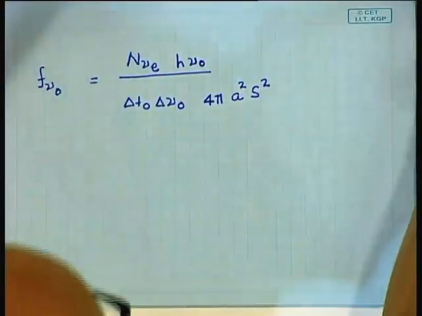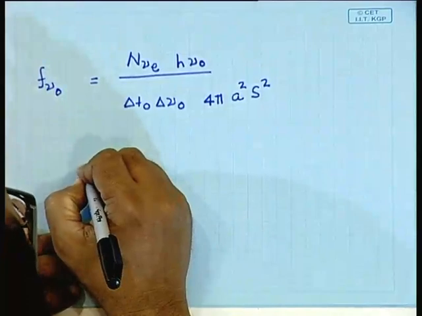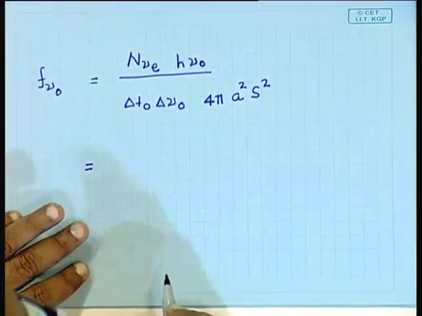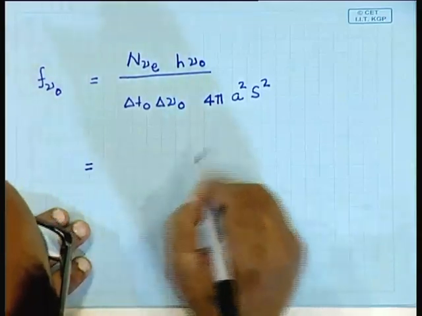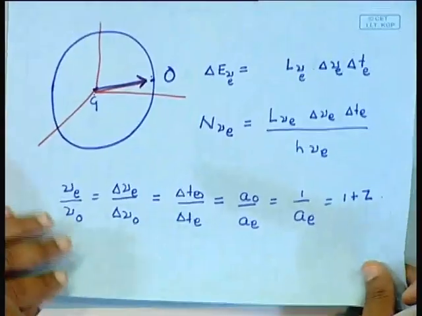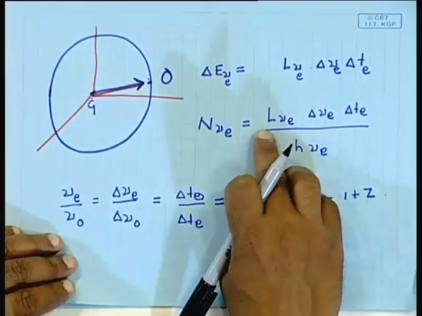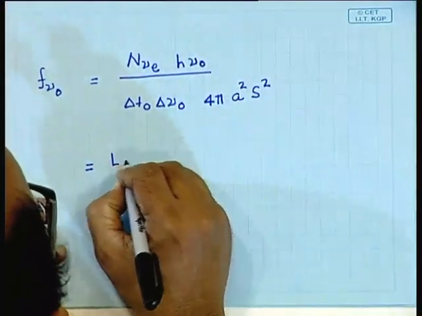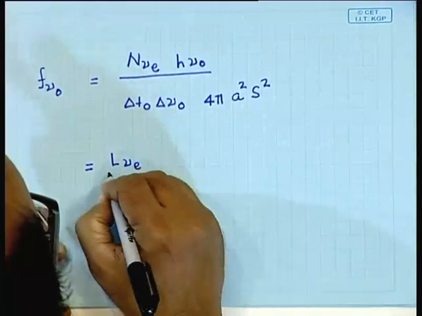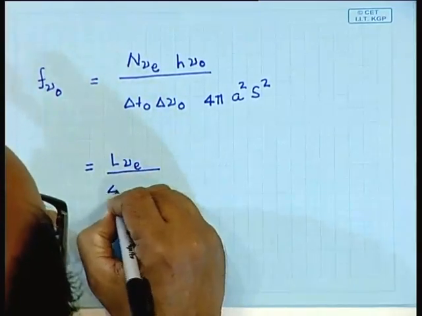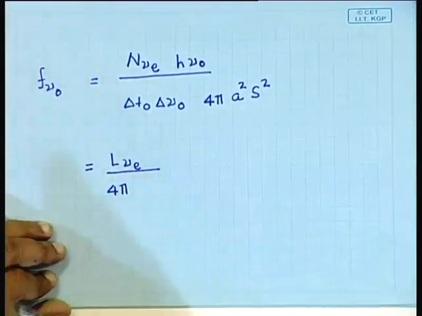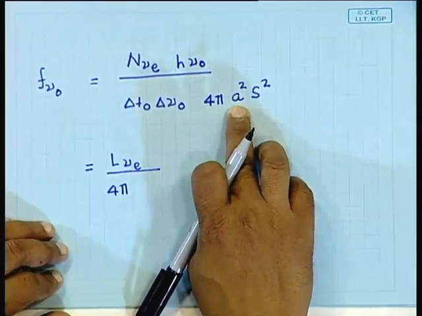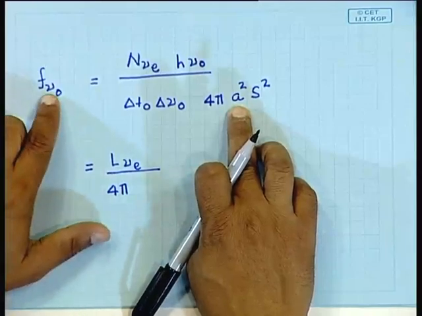So, what we see is that the flux is equal to, I have the luminosity L nu emitted divided by 4 pi A squared S squared. This A is the value of the scale factor when the observation is done.